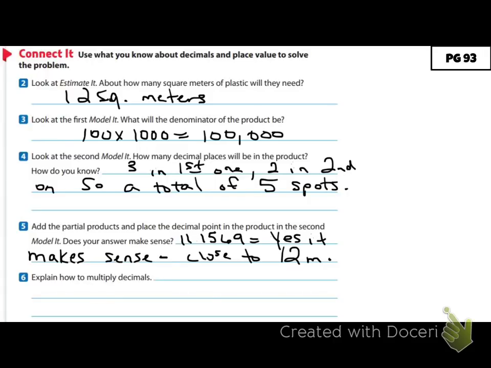Explain how to multiply decimals. Well, multiply just as you would multiply whole numbers.